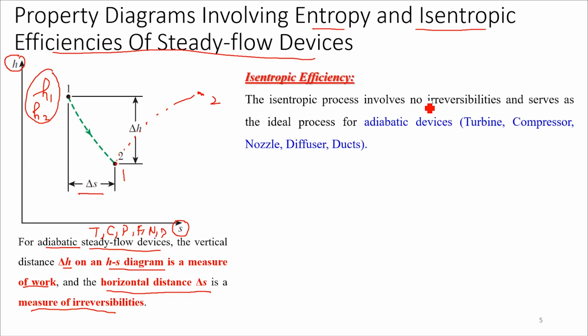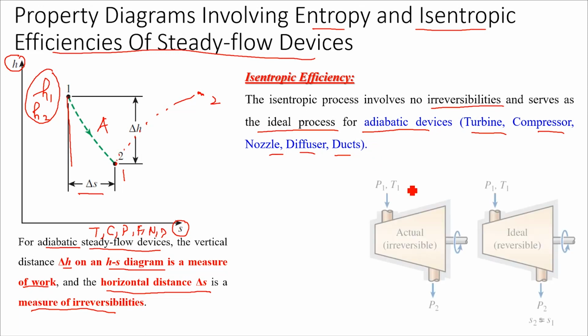So the isentropic process involves no irreversibilities. If I have to make this actual process an isentropic process, I'll have to have a vertical line so that the entropy does not change. And this serves as the ideal process for adiabatic devices, whether it's a turbine, compressor, nozzle, diffuser, or ducts, wherever you'll have these kinds of flows.